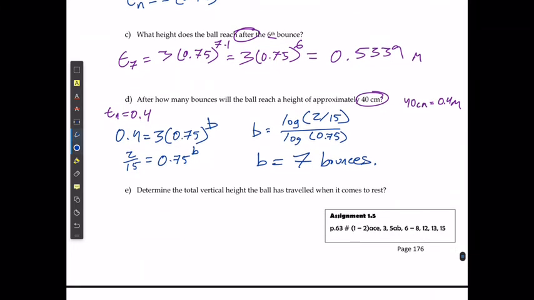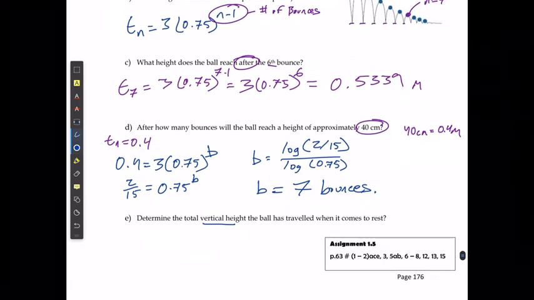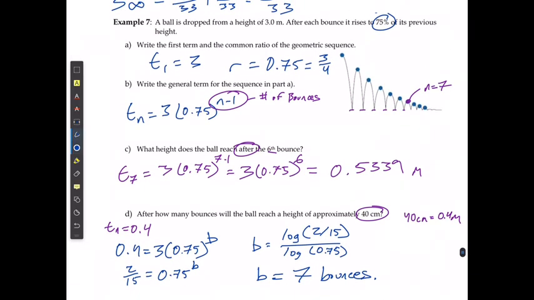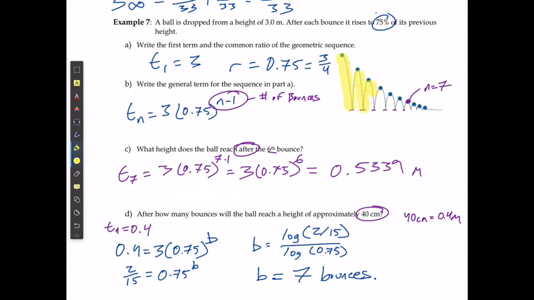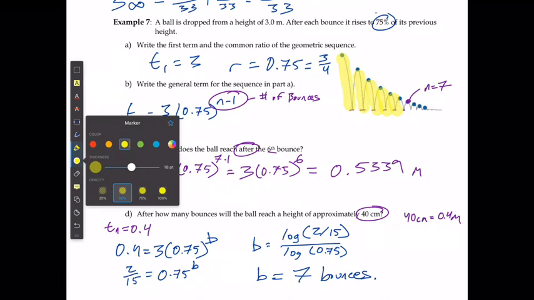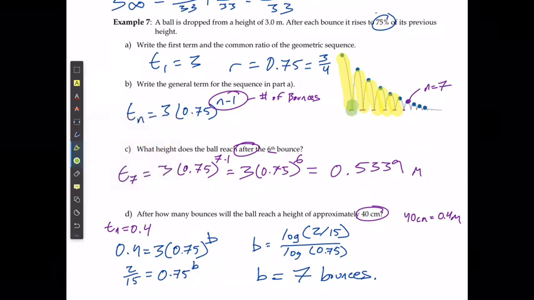If I'm determining the total vertical height the ball has traveled when it comes to rest, well, when I'm looking at the total vertical height, I need to account for both the vertical height of it dropping and the vertical height of when it bounces back up again.